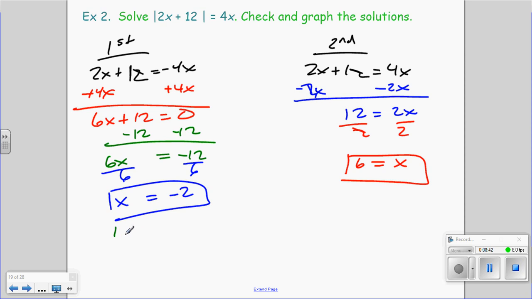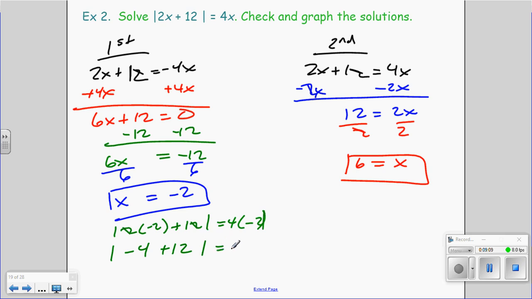So it's the absolute value of 2 times negative 2 plus 12 is equal to 4 times negative 2. That's supposed to be a parenthesis. All right, so it's the absolute value of 2 times negative 2, which is negative 4, plus 12.